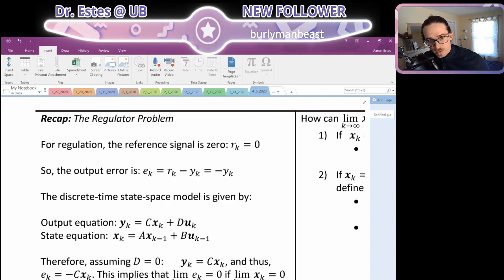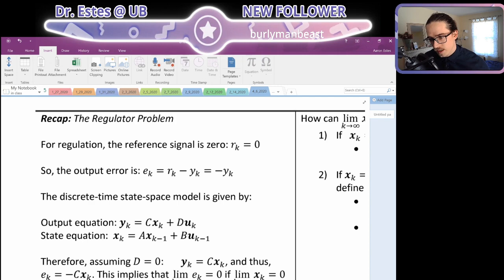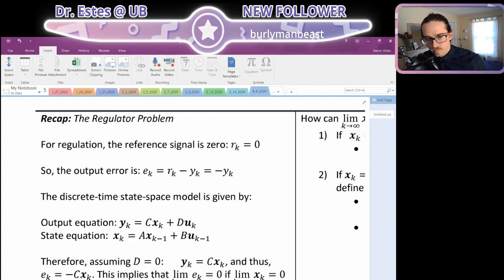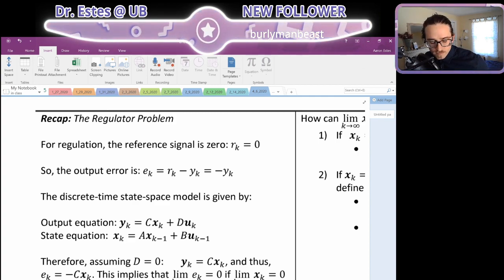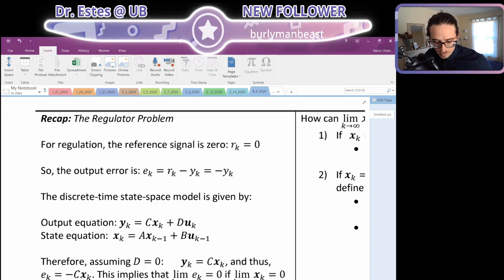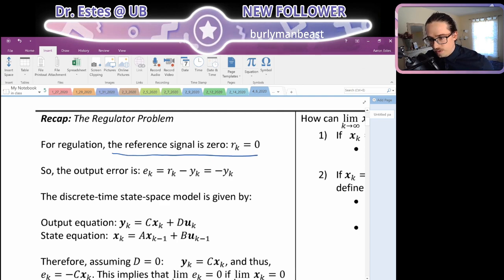We want our system to go to a specific place, and we design a controller so that it does go there, in the manner that we specify. Now, the special thing about the regulation problem is that the reference signal is 0 for all time.